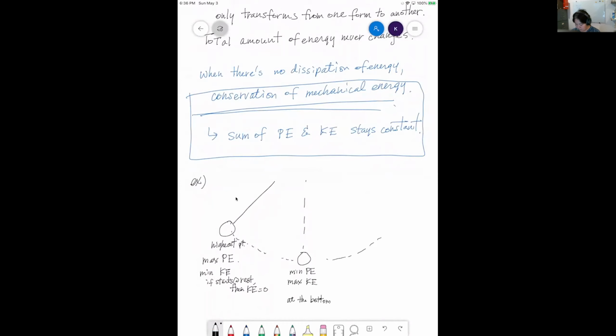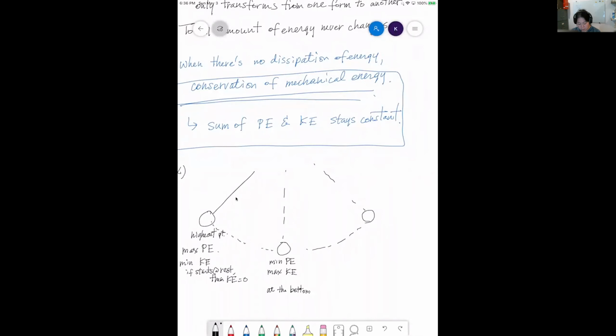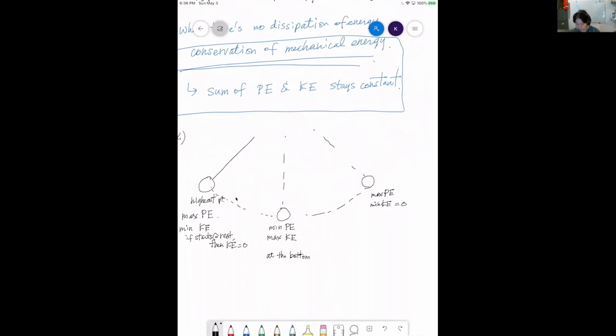Then it goes back up. At the turning point, the highest point, again you have a maximum potential energy and a minimum kinetic energy, which is 0. And this goes back and forth and back and forth. So here, let's say I have this amount of potential energy, and a kinetic energy that's 0 at this location.